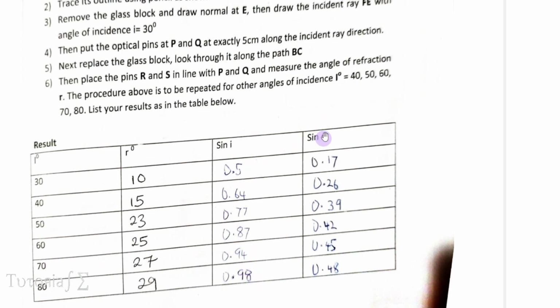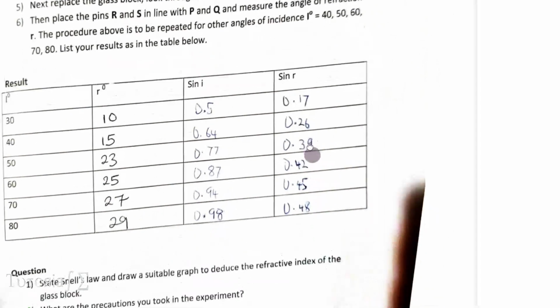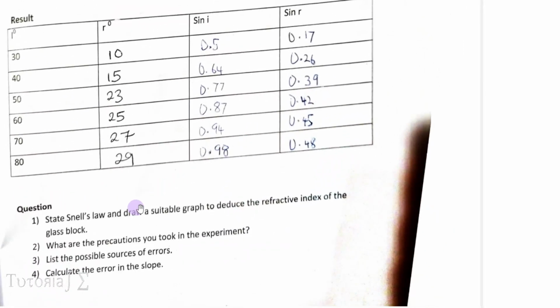Then we do the same for the refracted angles. So sine 10 degrees gave us that, sine 15 gave us that, sine 23 gave us that, sine 25, and so on and so forth. So after filling in this table, we go on to this question, which is my interest in this question.